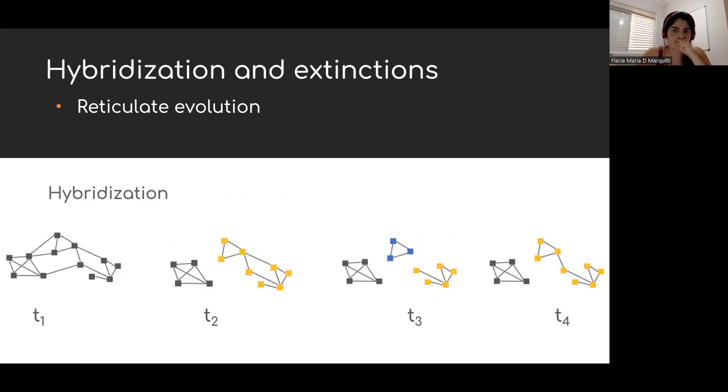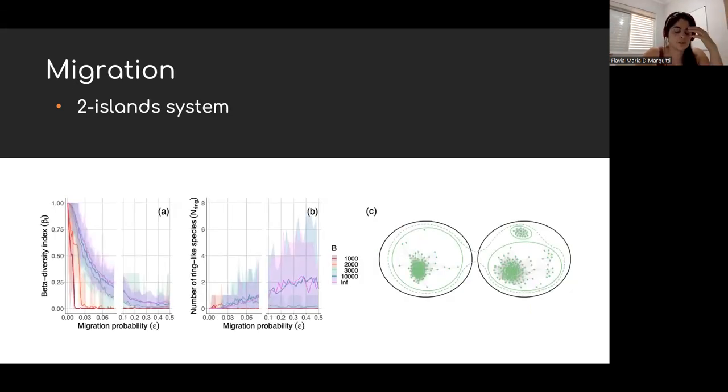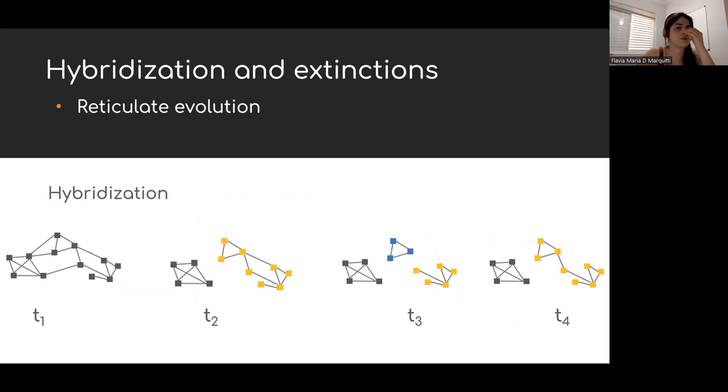Okay, so we understood very well what was happening in this space. Something that we didn't explore before, and wanted to understand better, was hybridization and extinction. We were only studying the number of species and how it leaves signatures in the phylogenetic trees, but we know very well from many data that evolution is not that perfect binary phylogenetic tree.